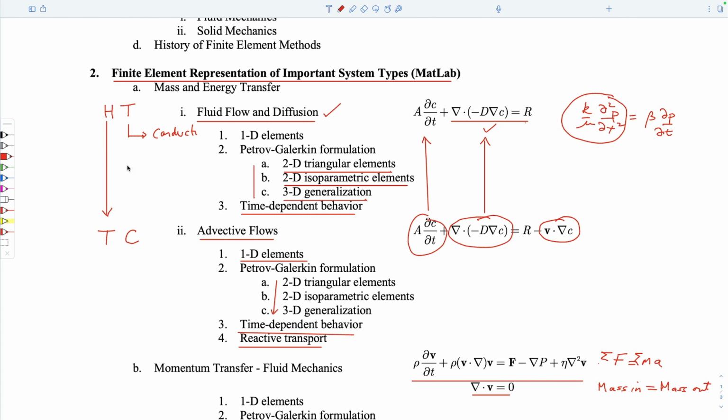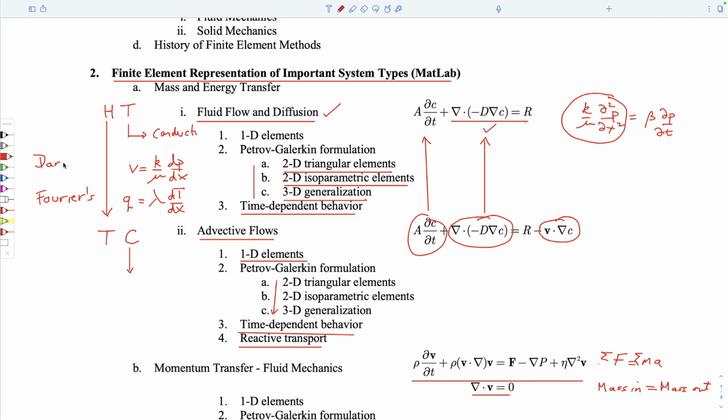Fluid flow and diffusion follows Darcy's law, something like V equals permeability divided by viscosity, pressure gradient in space. Temperature follows Fourier's law, which is heat flux is equal to thermal conductivity times change in temperature with space. Chemical transport is Fick's law. Don't remember whether it's two R's or not.